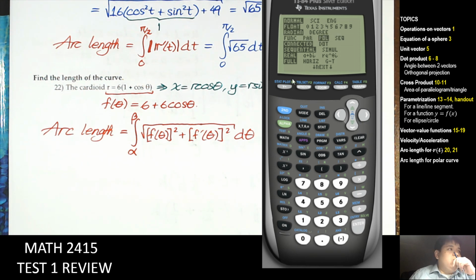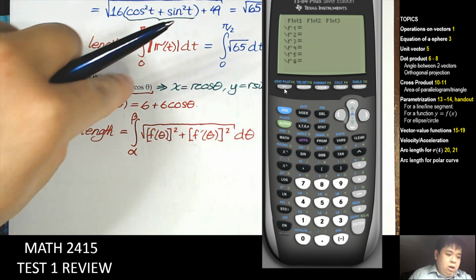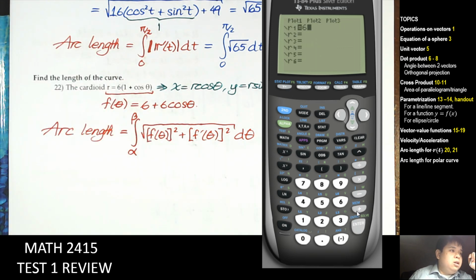Then hit y equals, 6 plus 6 cosine theta. Might need to zoom out. Even further out.